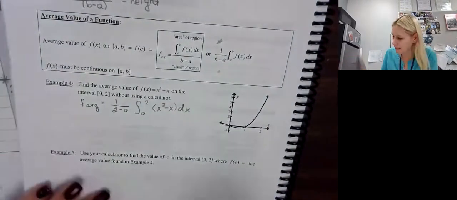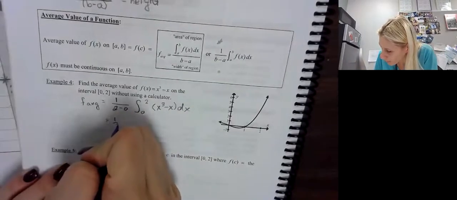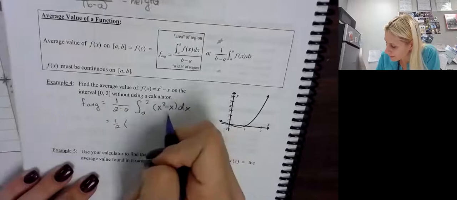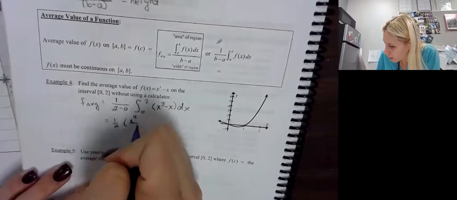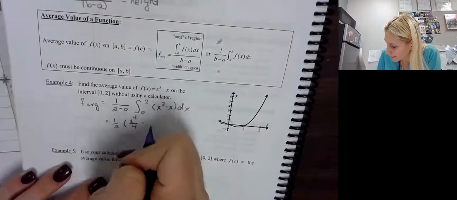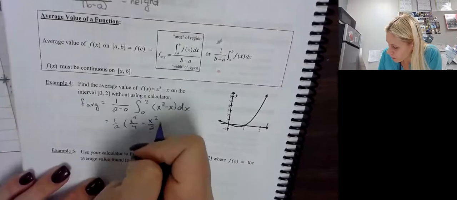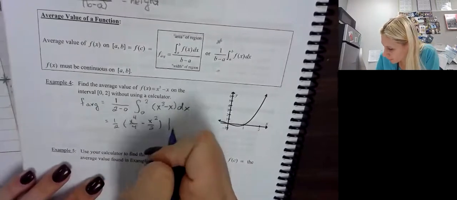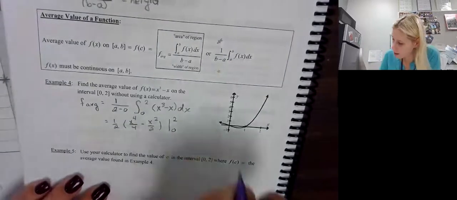And now we're going to take the integral. So I have 1/2 out front. And this is just a power rule. So x to the 4th over 4 minus x squared over 2. And we're going from 0 to 2. And now we're actually going to do that math.